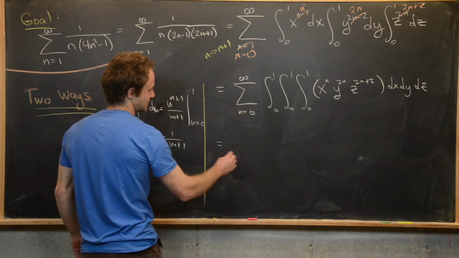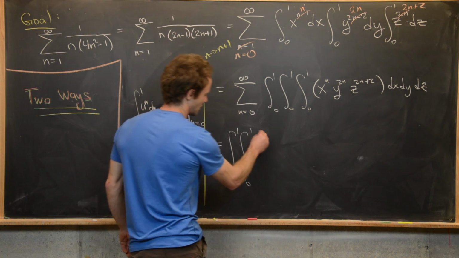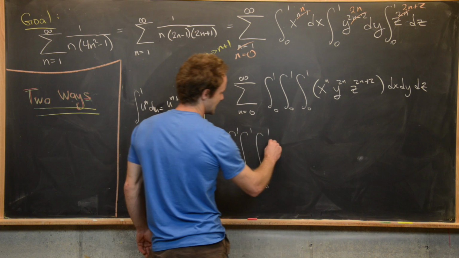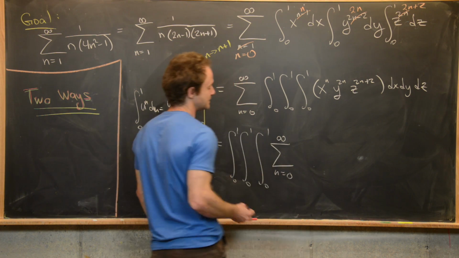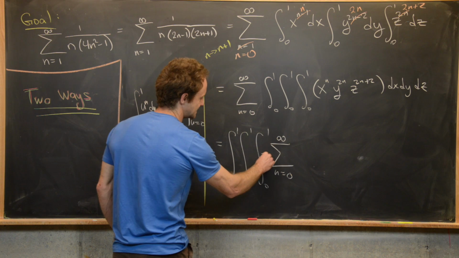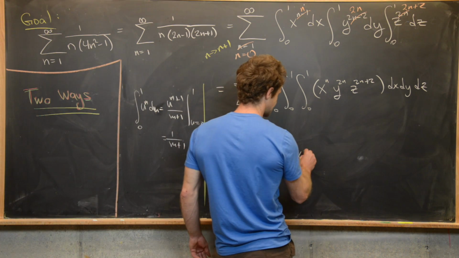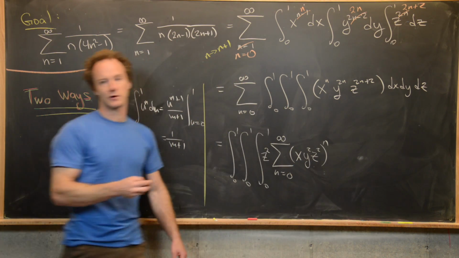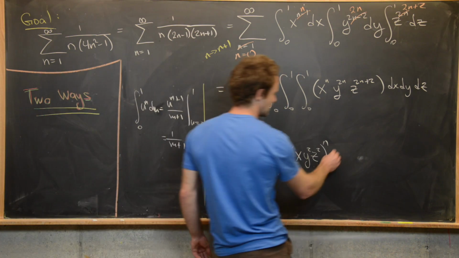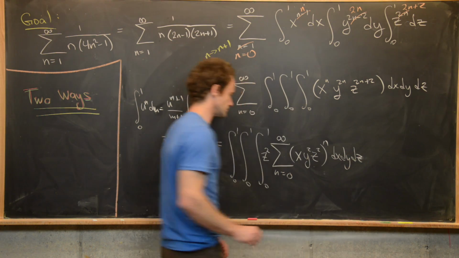So this is going to be equal to this triple integral 0 to 1, 0 to 1, 0 to 1. And now on the inside, we have the sum n goes from 0 to infinity of, let's go ahead and take this z squared out front. And then we have x y squared z squared, all of that to the nth power. Good. And then here we have dx, dy, dz.